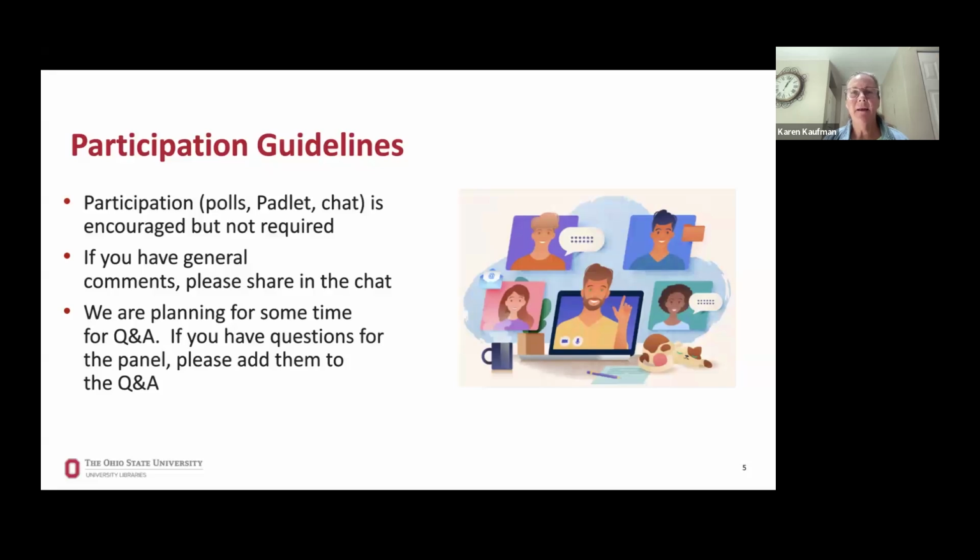That information will be shared on the final slide or at the end of the session. And then also you can use chat. It's encouraged but not required. However, because we have such a really large group, putting your questions in the Q&A platform is really going to be helpful for that part of our discussion later on. So please feel free to use that tool in the toolbar extensively.